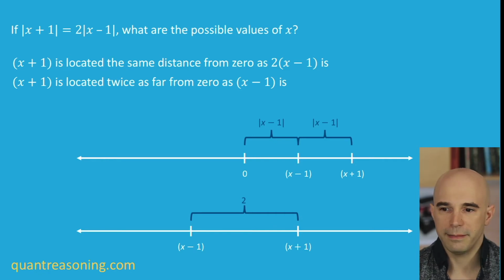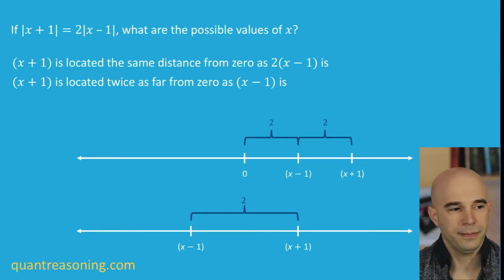We can use that in the upper number line and say that this is 2. The gap between x minus 1 and x plus 1 is 2. So that's always going to be true. Which means that this is also 2, between 0 and x minus 1. But the question is asking about x. So where on this number line would you find x?